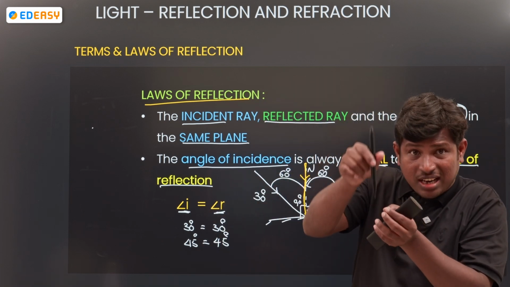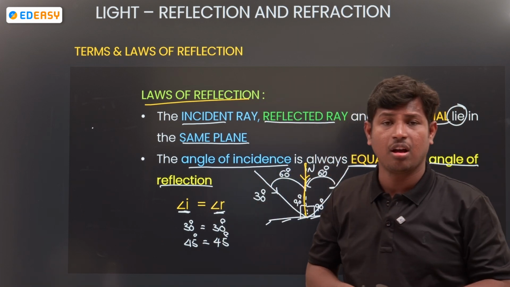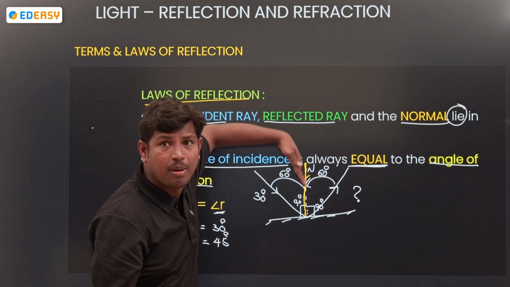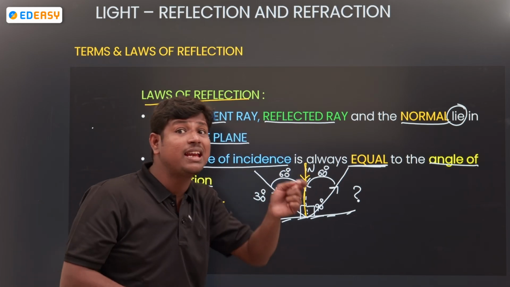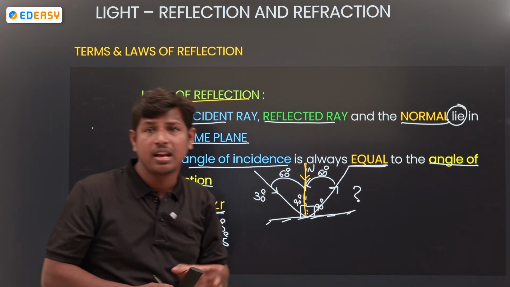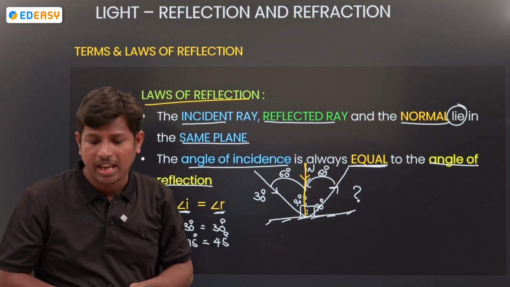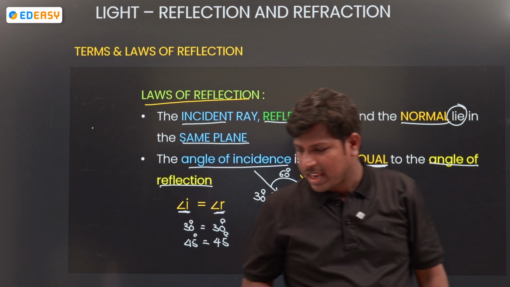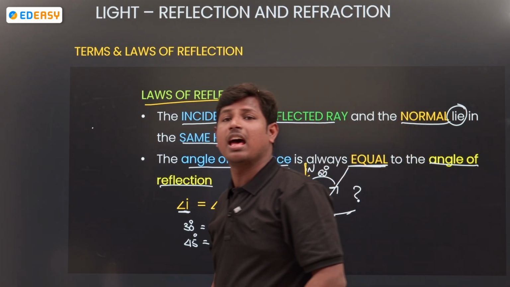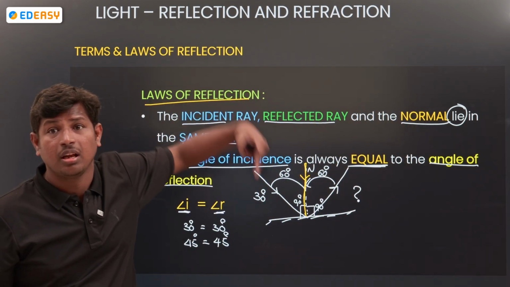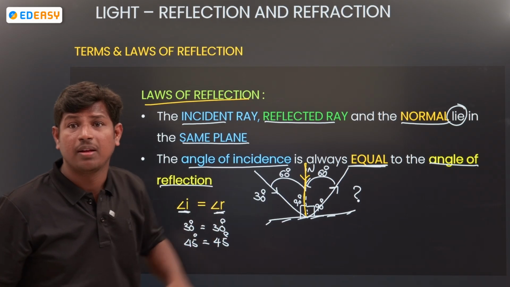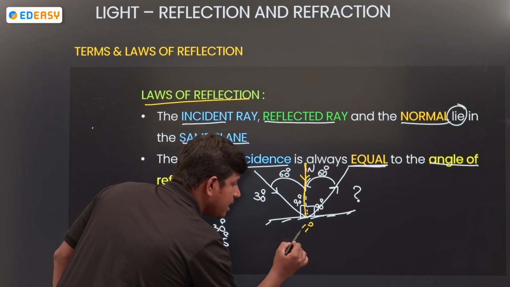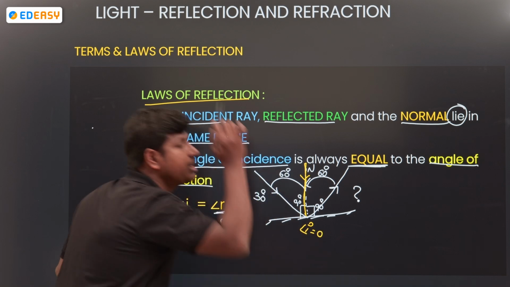If the light ray strikes the surface, passing along the normal, what is the angle between the normal and the incident ray? Anybody from the chat comment box? What is the angle when the light ray is passing along the direction of the normal? The angle of incidence is equal to 0.